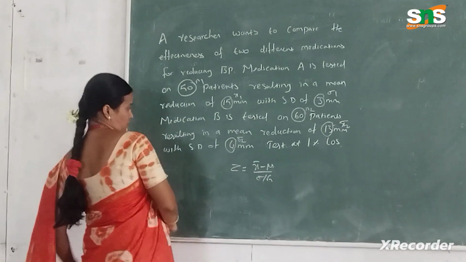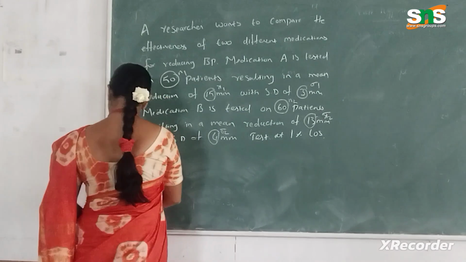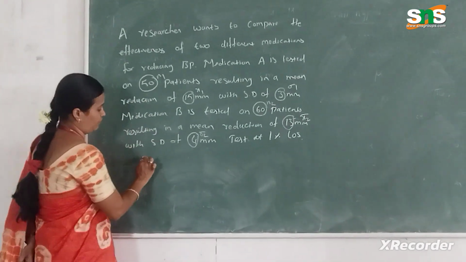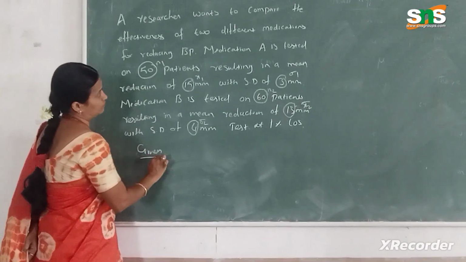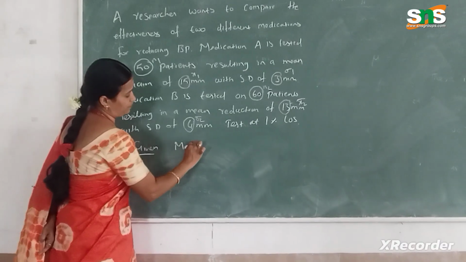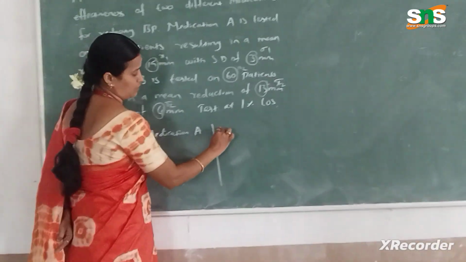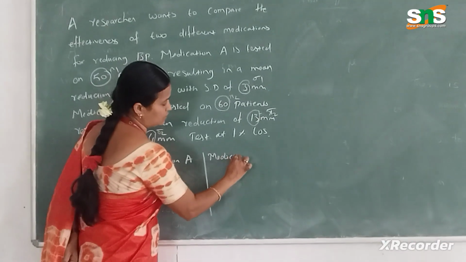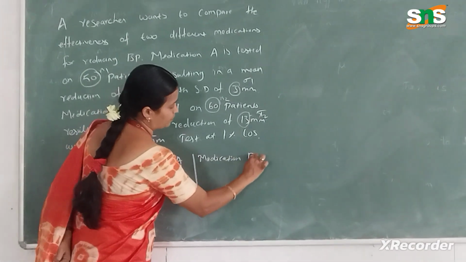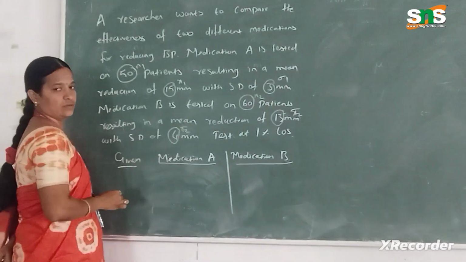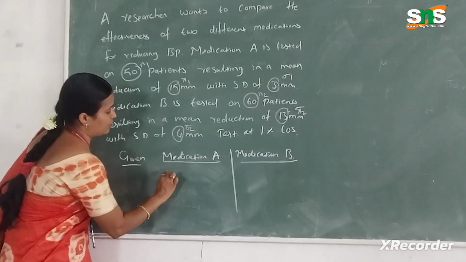First I am going to write the given details. So medication A is my sample 1, and medication B is my sample 2. What is the n1 value? n1 is 50.